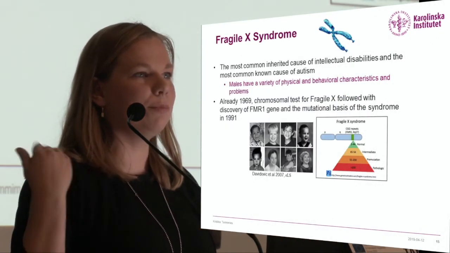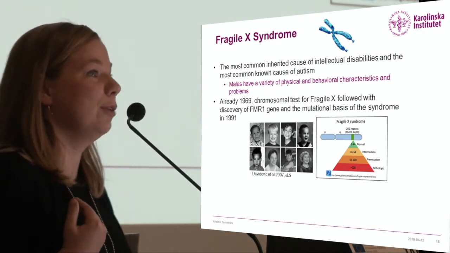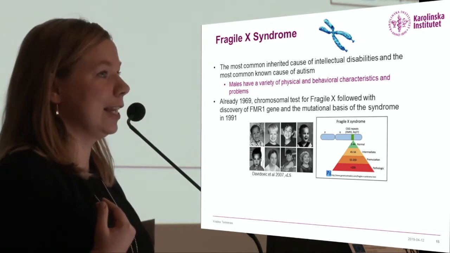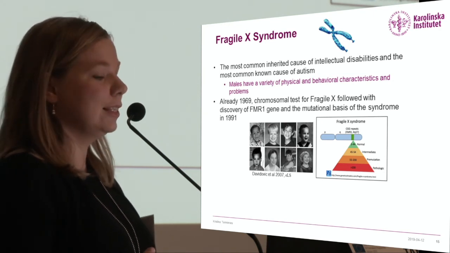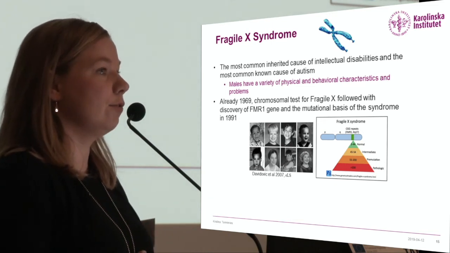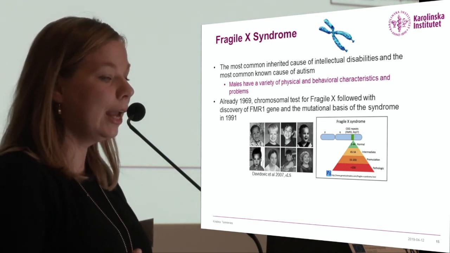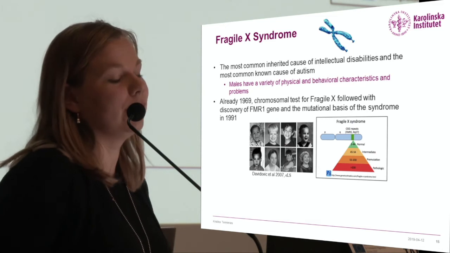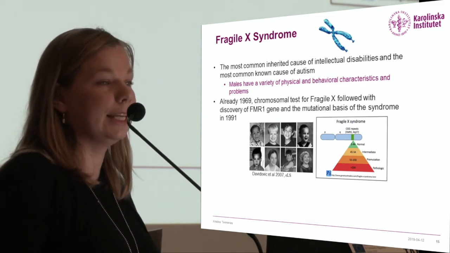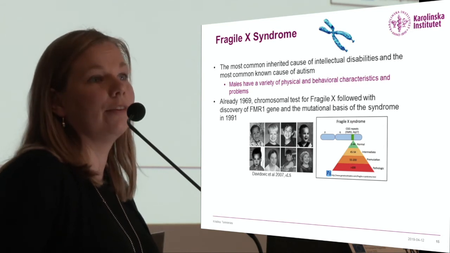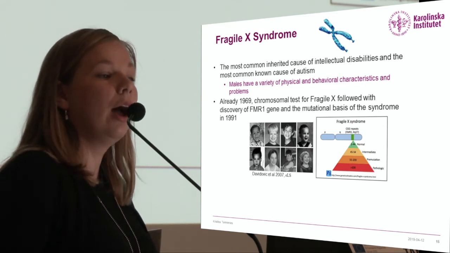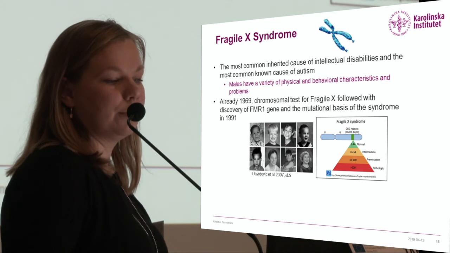And just to give a bit of a historical perspective, this is nothing really new, that we would be doing genetic testing in neurodevelopmental or psychiatric disorders, because already in the 40s, Martin Bell discovered Fragile X syndrome. It is still one of the most common inherited causes of intellectual disability and autism, and there is also an association with schizophrenia and other adult onset psychiatric disorders.